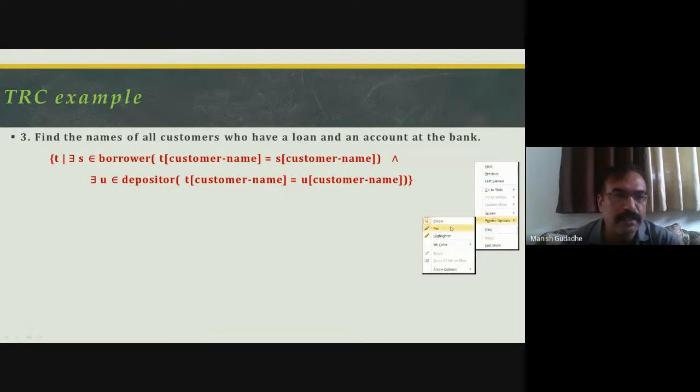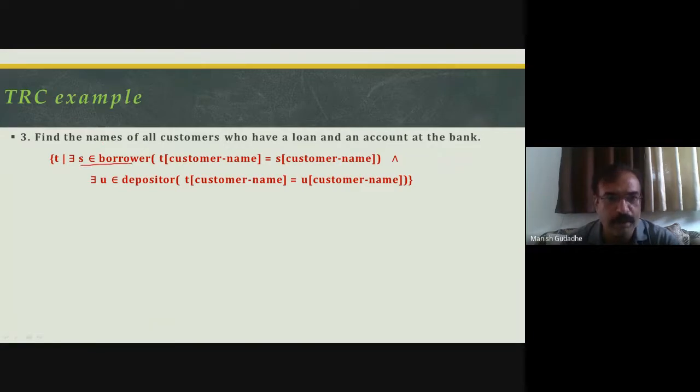There exists S which belongs to borrower, and there exists U which belongs to depositor, where T dot customer name is equal to S dot customer name, and T dot customer name should be equal to U dot customer name.